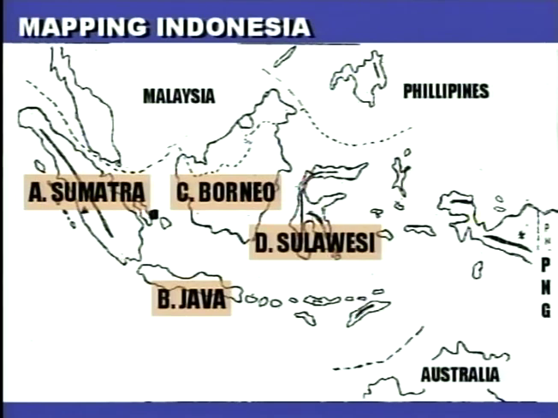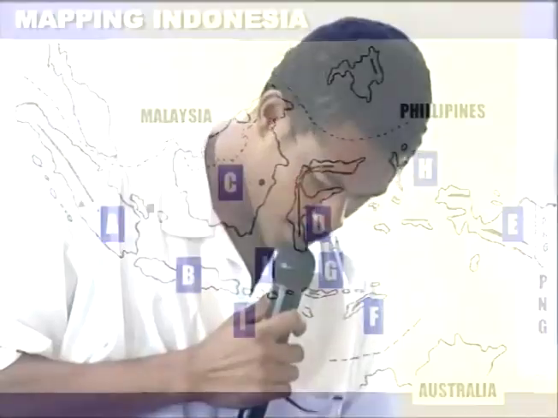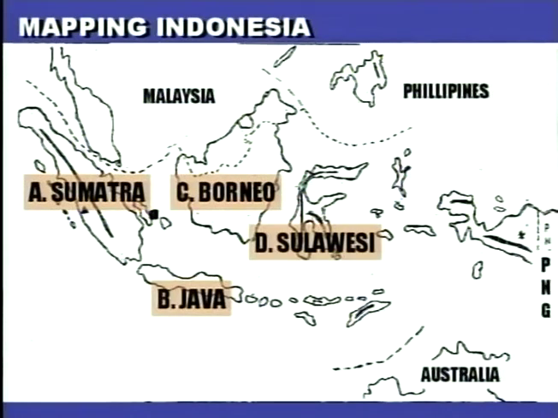Island E. Irian Jaya. Okay, again, I already explained for the island Borneo, and if I am going to say that island E is Irian Jaya, then I might be contradicting what I have stated earlier on.